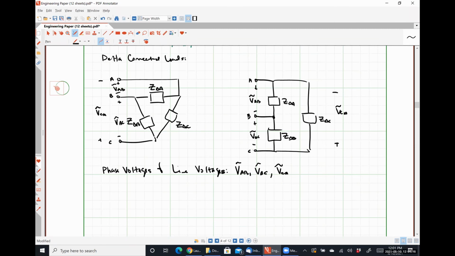And then our phase currents: IAB, IBC, and ICA.